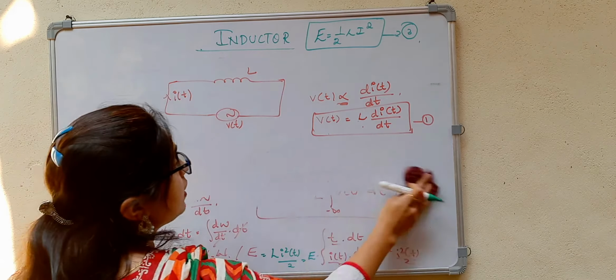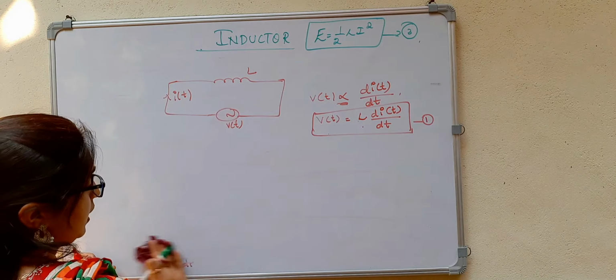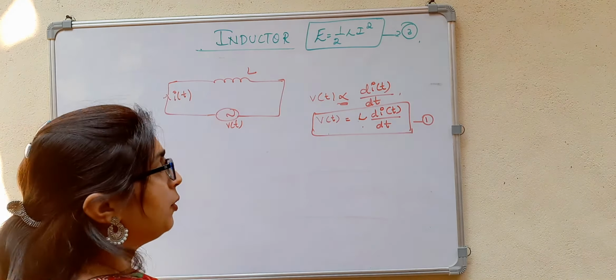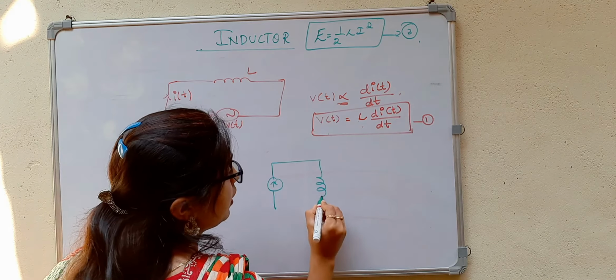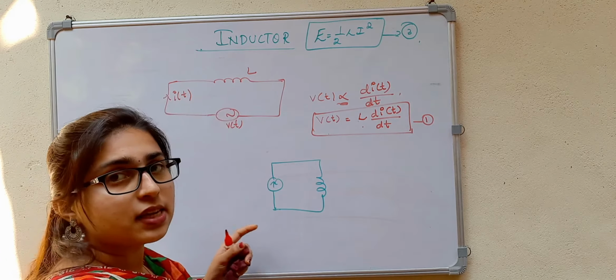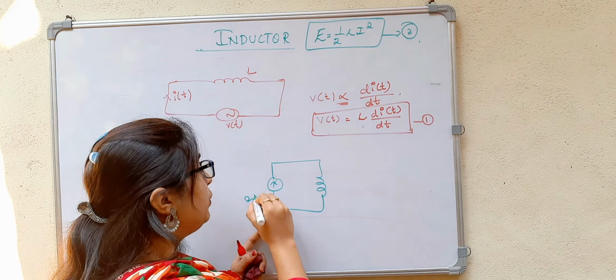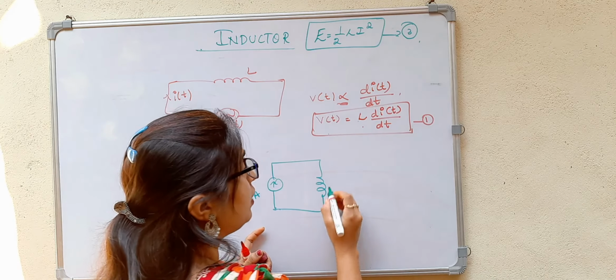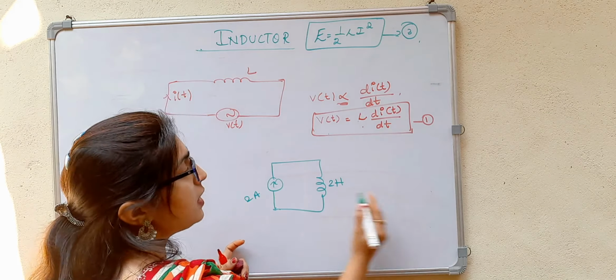Now let us consider inductors in series. Or before that, let us consider what happens if a constant current source is connected to an inductor. Here we have a current source delivering a current of 2 amperes, and the value of the inductor is 2 Henry. Then what happens? See the constant current.